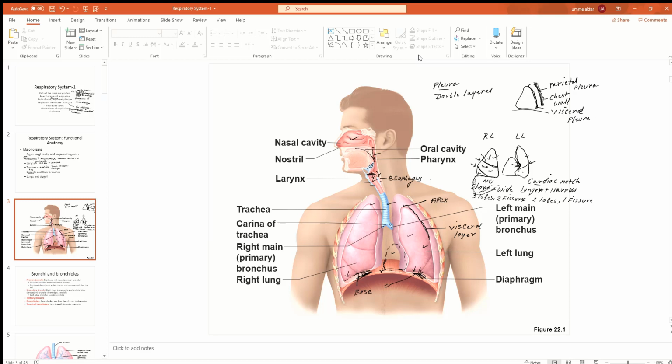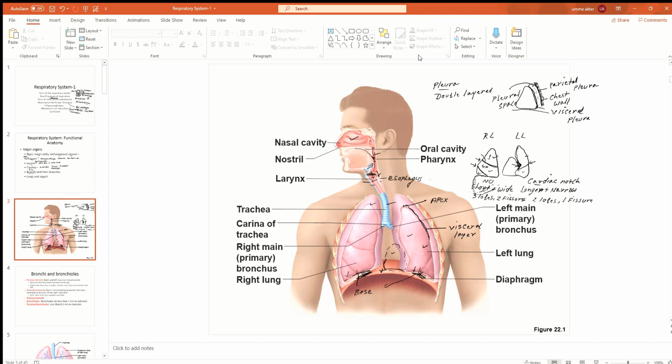And the space in between, you see, this is the space that is called the pleural space. So this space between those two layers is called the pleural space, which is important. Why?